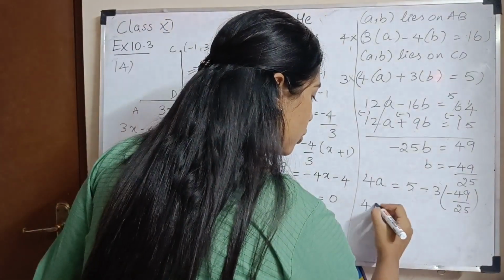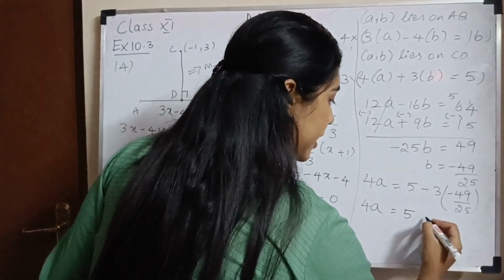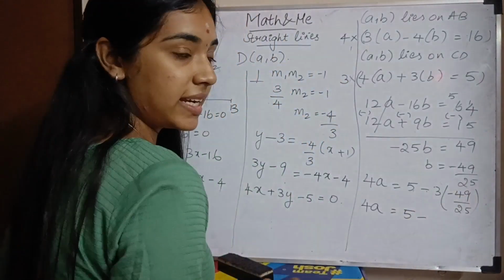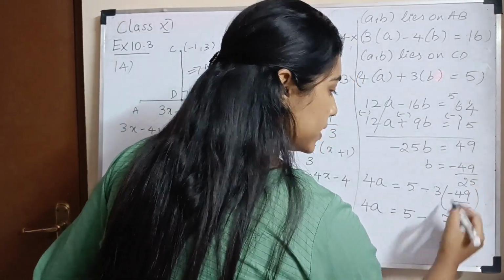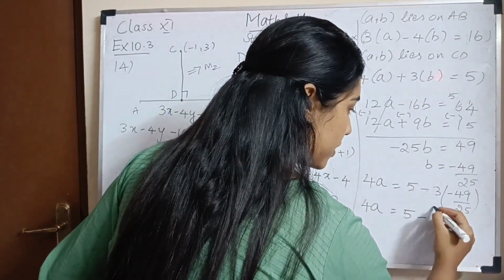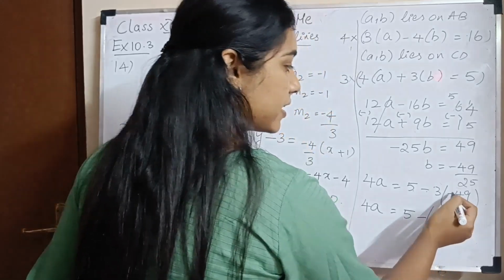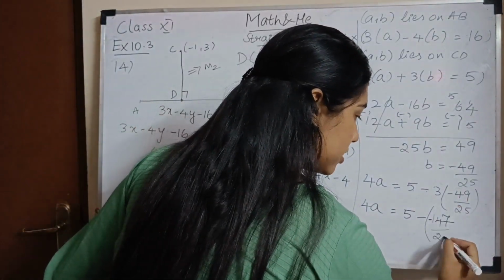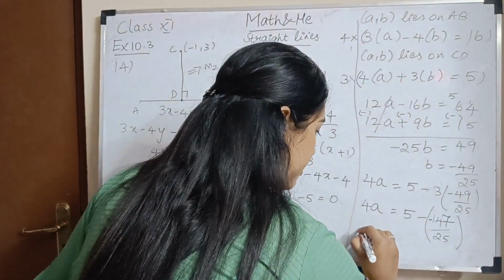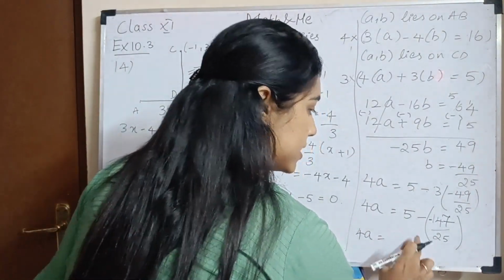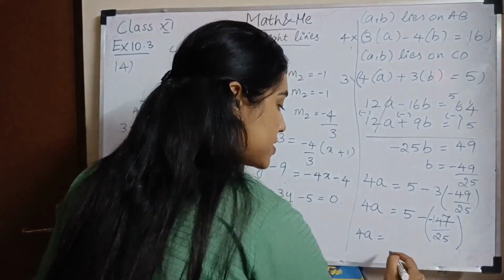So I have 4A equals 5 minus, let me multiply this 3 inside. So I have 9, 3 27, 2 4 3 12, 13 14 with a minus sign. Don't forget this minus sign. Divided by 25. So what happens when I take the LCM? I have 4A equals 25 times 5 is 125.